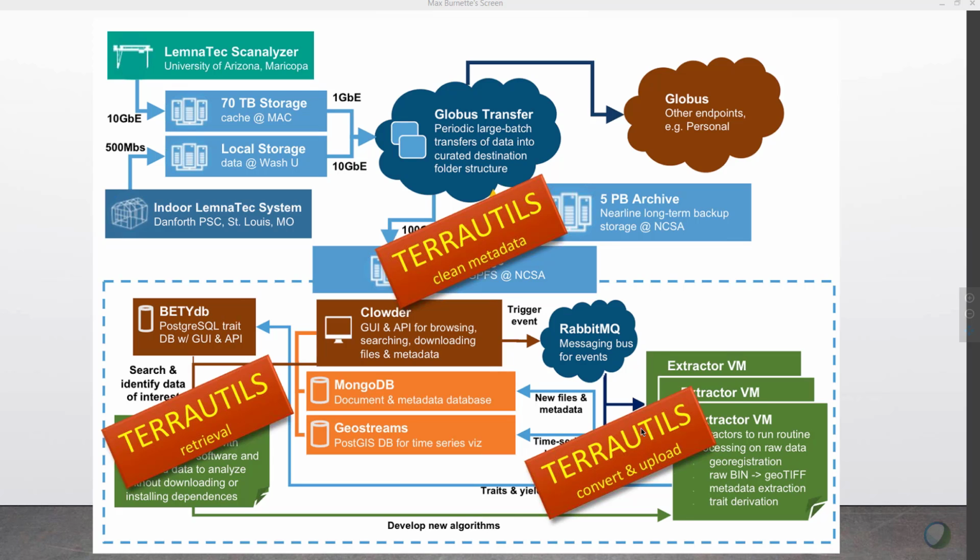We want to provide simple endpoints that maybe take a simple query, maybe by sensor, date, location, and give you data there. This kind of fits into the search component, which I don't talk a whole lot about in this slide deck, but I'll talk a little bit about that at the end. But essentially, we want to try to standardize all this stuff, and Terra utils was the most immediate way to do that and actually apply some of these standards.